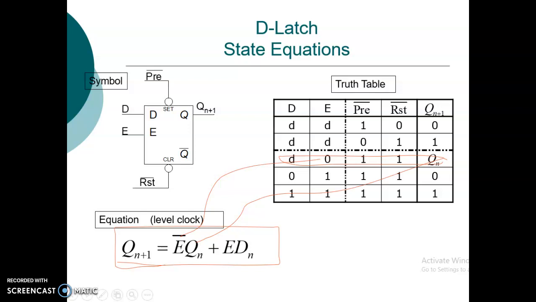EDn means this one, where both D and E are 1. So this equation we got from the truth table.